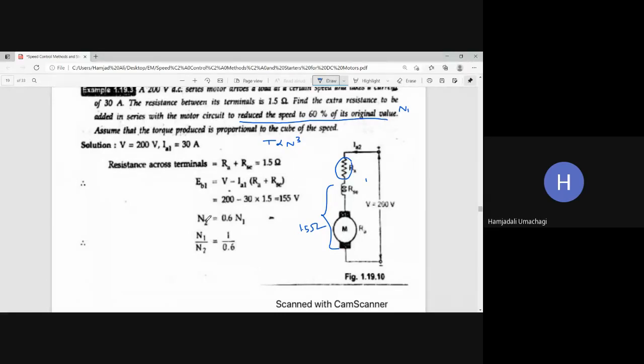So N2 is equal to 0.6 times N1. If you rearrange the equation, N1 by N2 becomes 1 by 0.6.